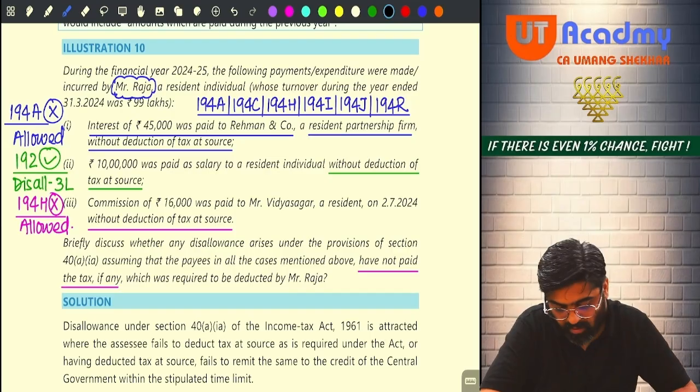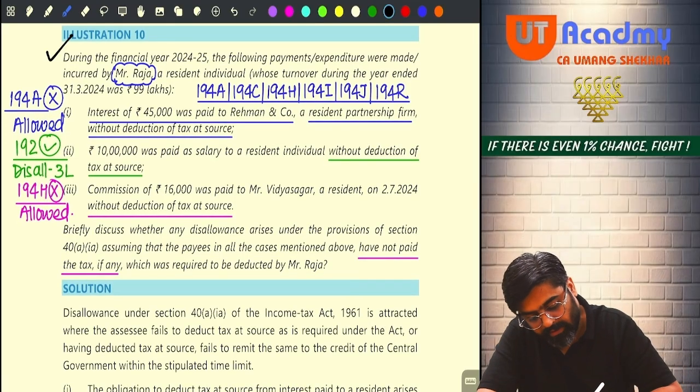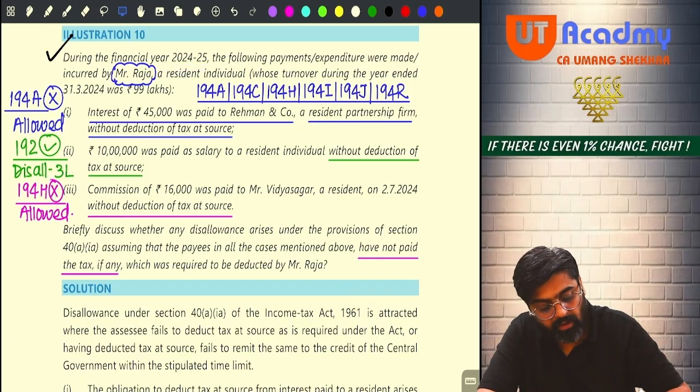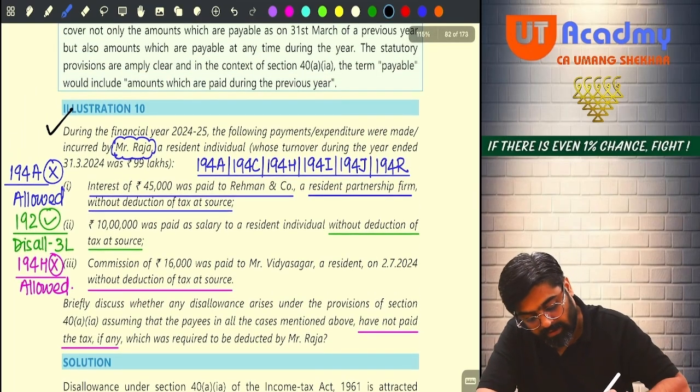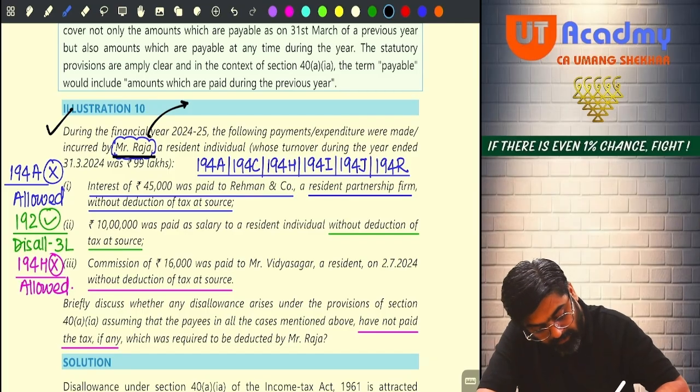Now, approach this question. Come on, start. During the financial year 2024-25, the following payments or expenditures were made or incurred by Mr. Raja. So, Mr. Raja is making the payment, meaning he is the payer.